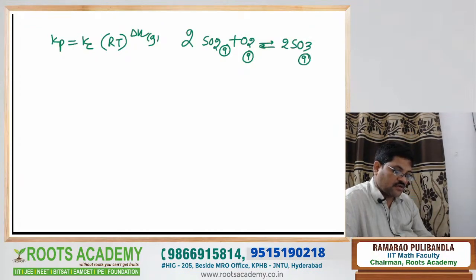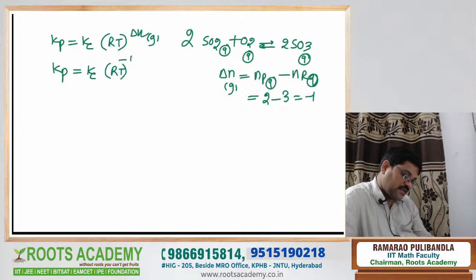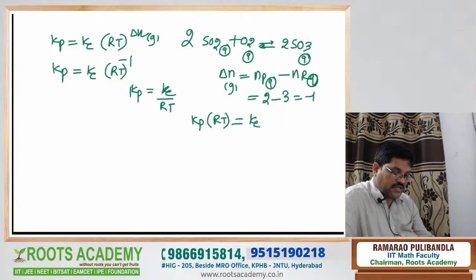Delta n in the gas state is equal to n products in the gas state minus n reactants in the gas state. Now 2 minus 3 is equal to minus 1. Therefore, Kp is equal to Kc RT whole power minus 1. From that, Kp is equal to Kc by RT. So Kp into RT is equal to Kc.